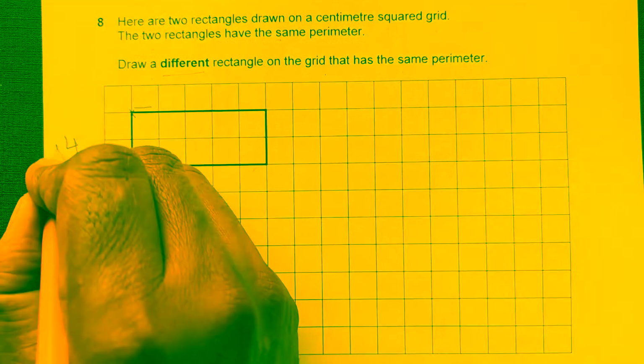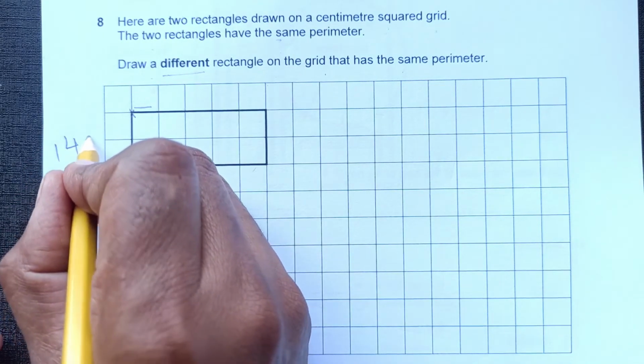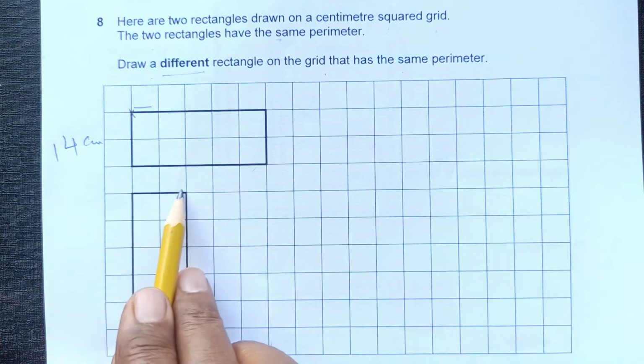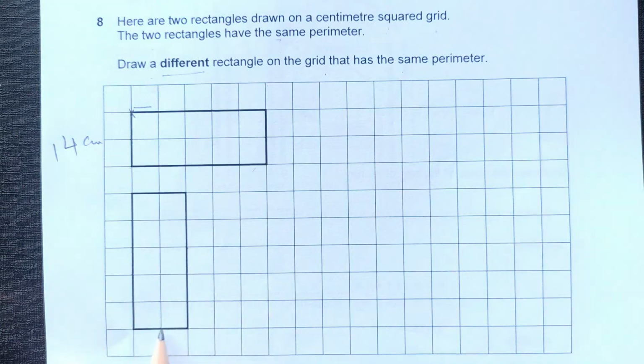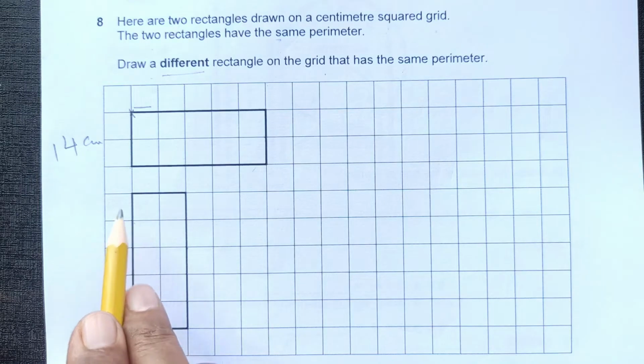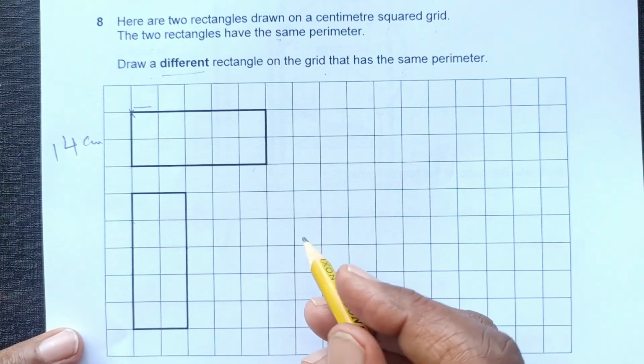So perimeter is 14 centimeters, right? So here also 1, 2, 3, 4, 5, 6, 7, 8, 9, 10, 11, 12, 13 and 14. So we are looking for 14.